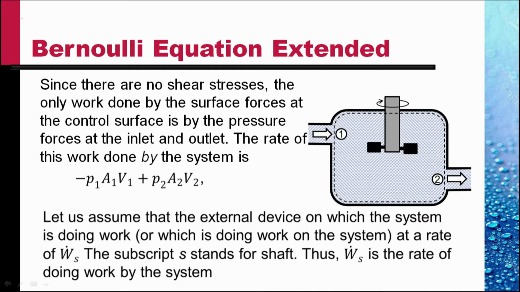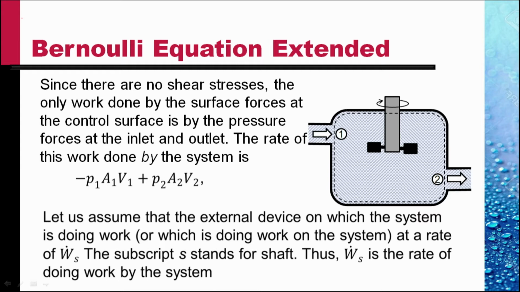Let's assume that the external device on which the system is doing work, or which is doing work on the system, does so at a rate of W dot S. The subscript S stands for shaft, because this usually is work through a rotating shaft.